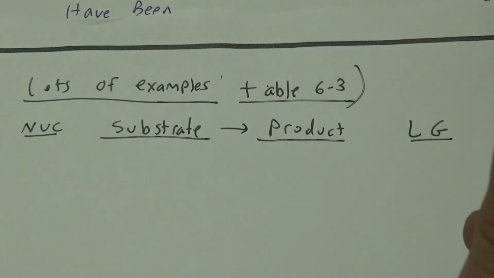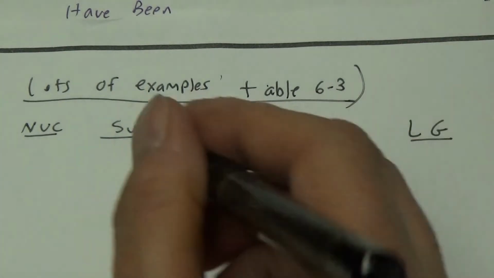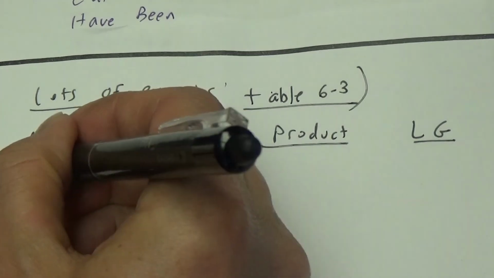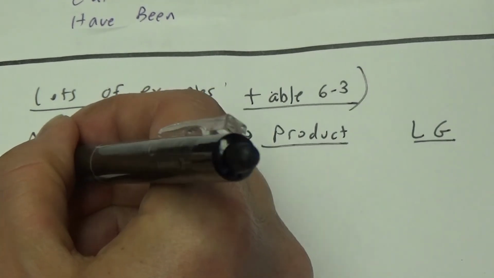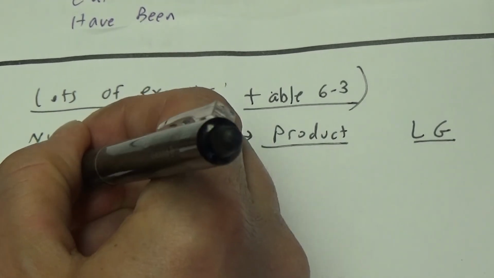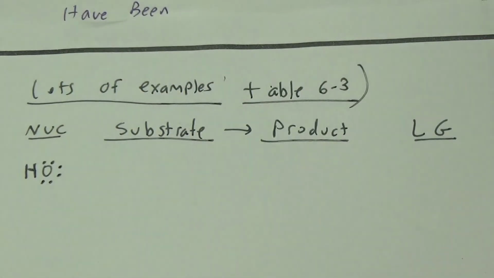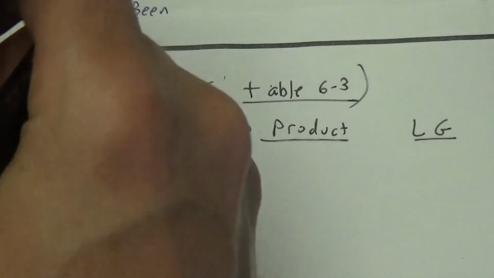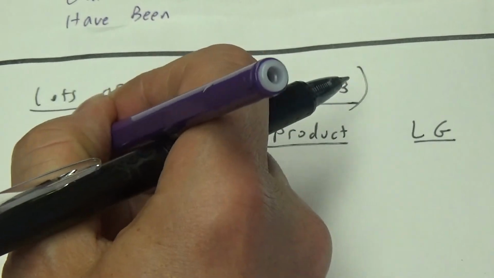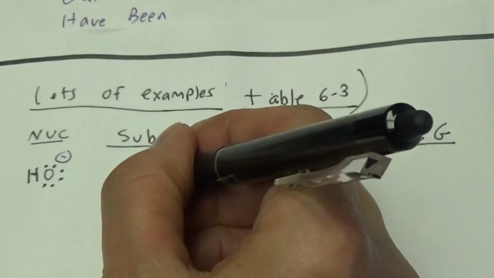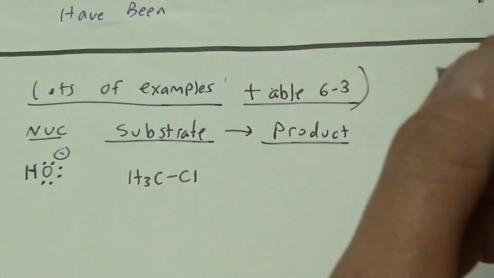Let's show a couple examples now. HO. What's the charge of HO? HO is hydroxide. It's negative. If you do the formal charge calculation, it's negative. And let's do chloromethane, H3CCl.